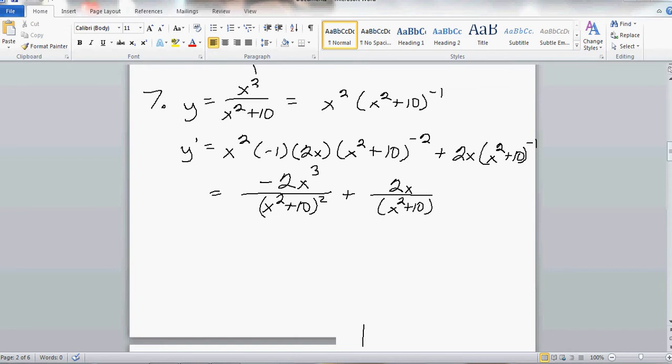Now we need to get a common denominator, which is pretty simple. It's x squared plus 10, the quantity squared. So that's going to be our common denominator. We don't have to do anything to that.